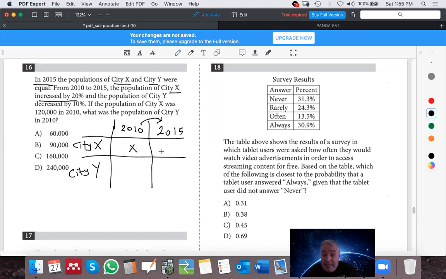The population of X, let me call it X, from 2010 to 2015, if it is increasing 20%, it means that 1.2x, we should say directly. Do you remember this? We discussed in my lessons or on YouTube. Normally you can say that 100% is 1. After that, 20% of 1 means 20 over 100 times 1. So when you simplify, it will be 2 over 10, 1 over 5.